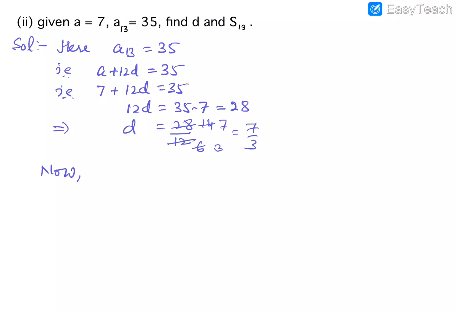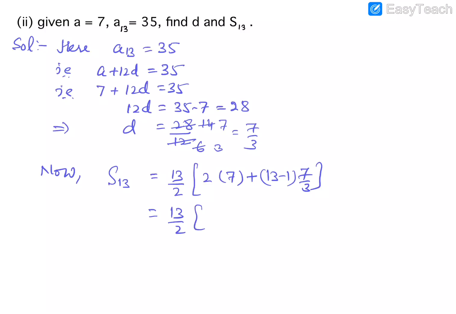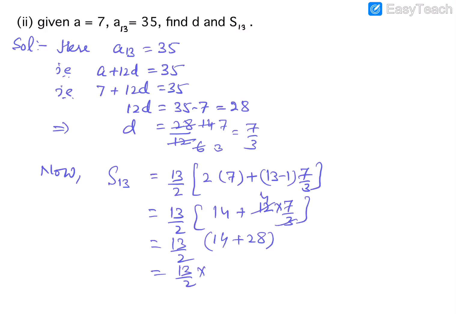Now we have to find out S13. So this is 13 by 2, means n by 2, then 2a is 7 plus 13 minus 1 into d is 7 by 3. 7 twos are 14, this is 12 into 7 by 3, 3 fours are 12, 7 fours are 28, this is 14, and 13 by 2, then 13 by 2, and this becomes 42, 21, and after multiplication we get 273.